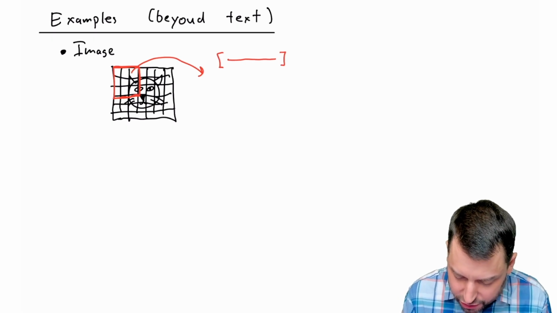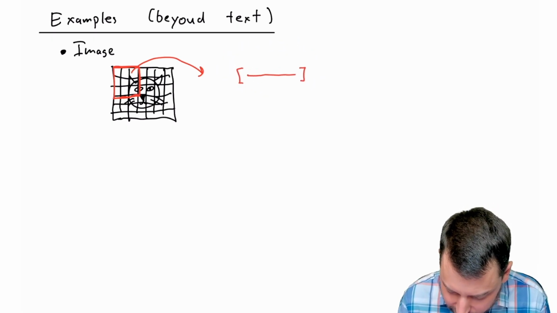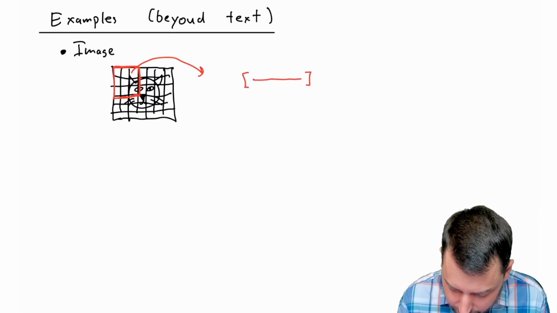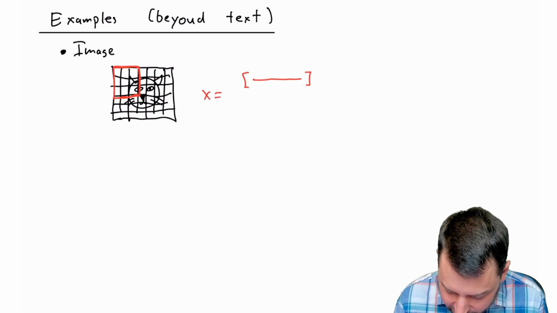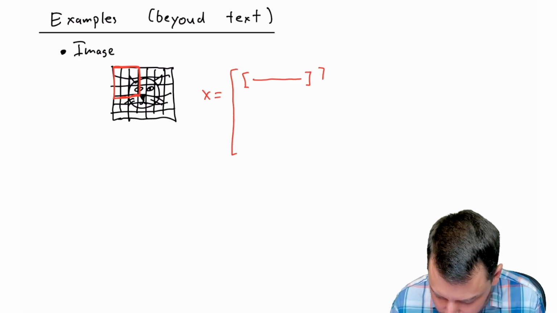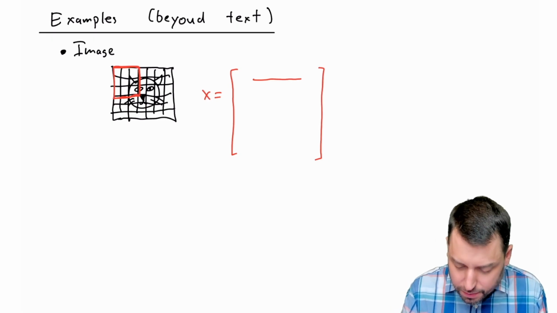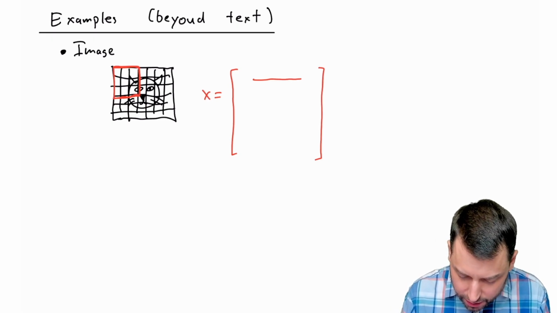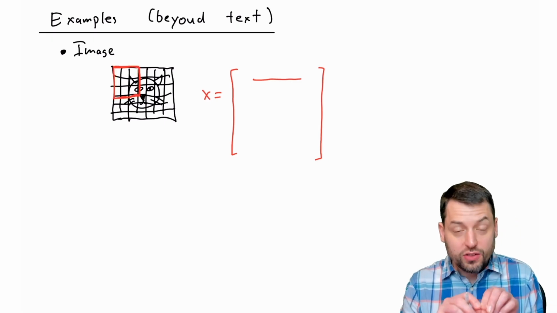All right, so all these pixels here, let me write this a little bit more explicitly. So I'm going to have X. It's going to be a bunch of rows. I guess I don't need these brackets anymore. This group of pixels here, we take those and flatten those.